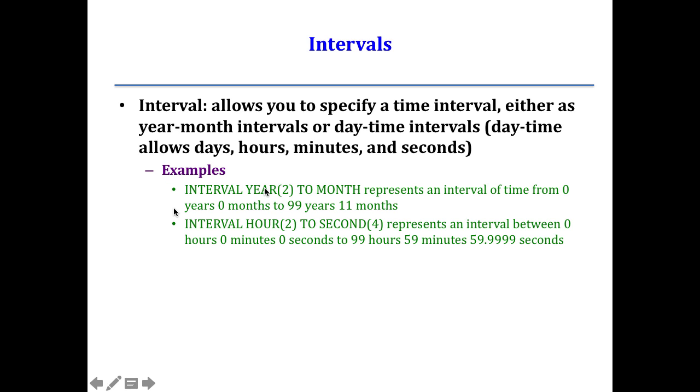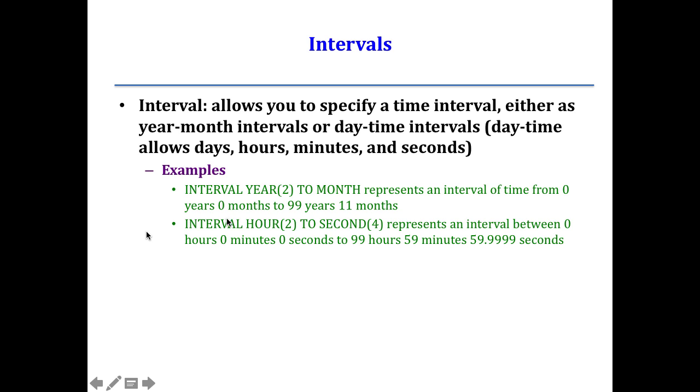It can be a year. So you can actually specify sometimes when you're declaring something what the interval is. So this says it's a year to a month, which means that the interval for this particular field would consist of a year and a month.